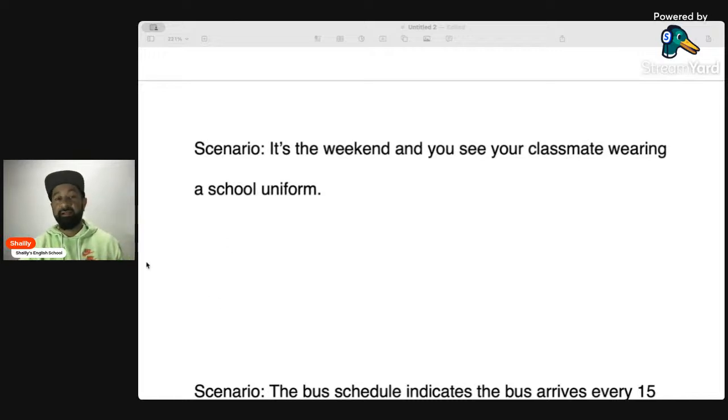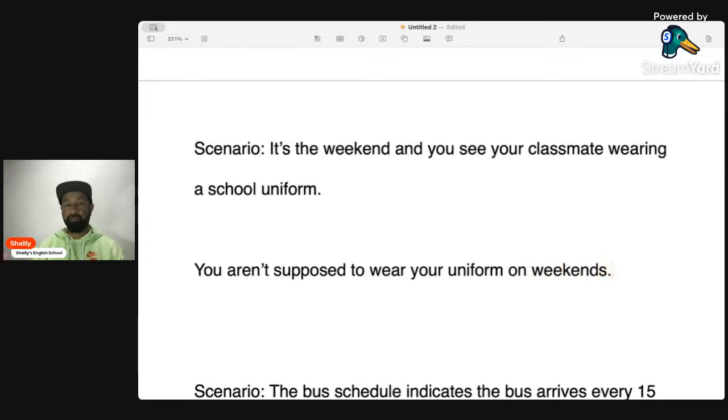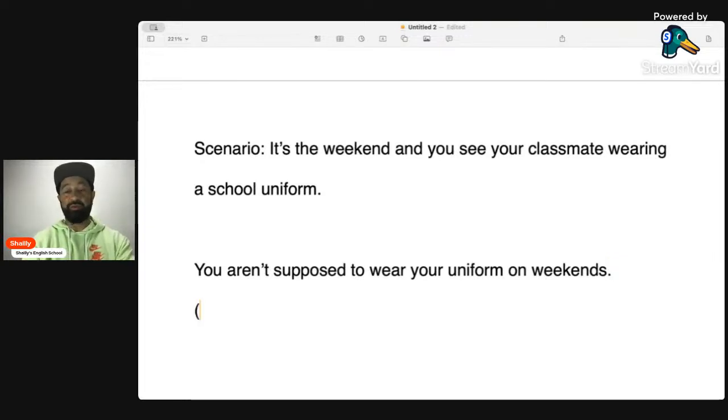A simple one is you can make a negative sentence. You aren't supposed to wear a uniform on weekends. This equals, she is wearing her uniform.